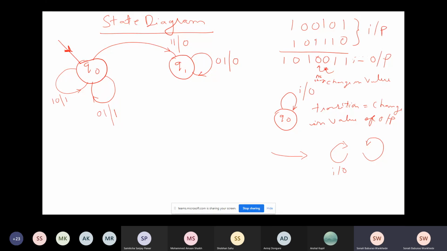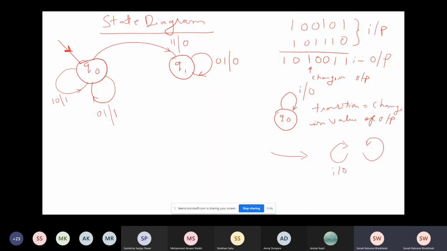Okay. Now again we will change our location over here. Okay, over here now, what are my inputs? 0, 0, and my output is 1. So yes, here we are getting a change in output. There is a transition which takes place from 0 to 1.